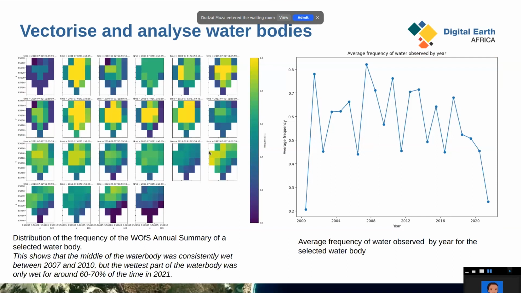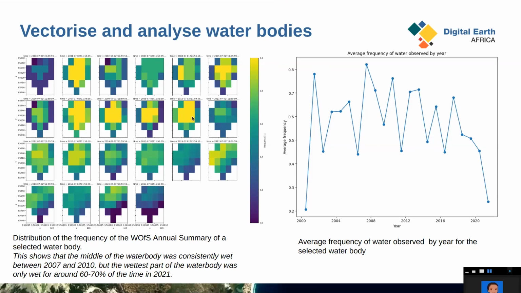Now, in the notebook, we plot the WOfS annual summary for a small section of the water bodies detected. And as you can see from these multiple graphs, this middle part of the water body was consistently classified as wet or water from 2007 to 2010.